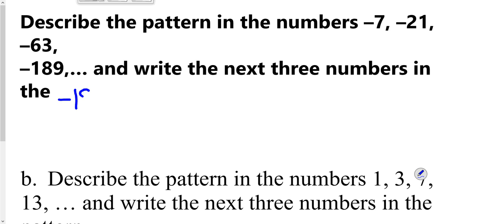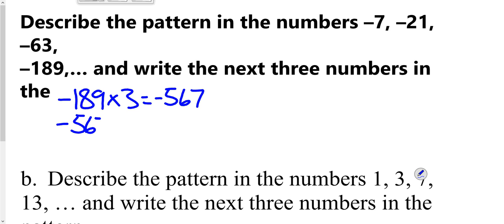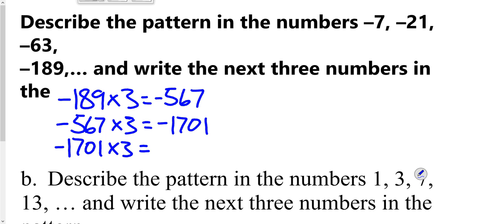So we'll take -189 times 3. That will give us -567. Then take -567 times 3. That'll give us -1,701. And then -1,701 times 3 will give us -5,103.